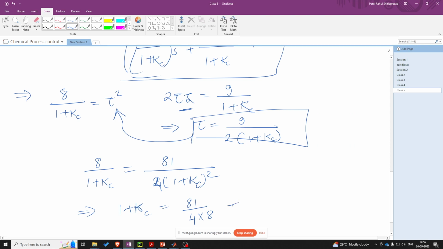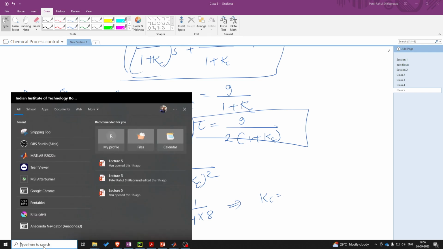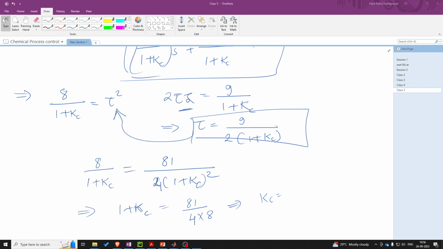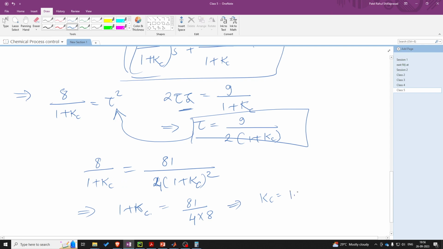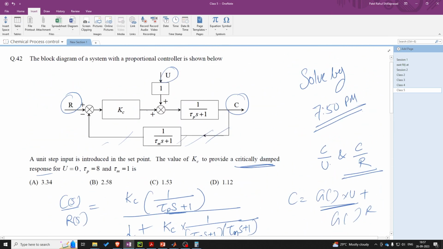So this will ultimately give us the value of Kc as 81 by 32 minus 1, so that we can calculate. So this is 1.531. This is the value of the controller parameter, that is the proportional controller gain Kc, that we found out.